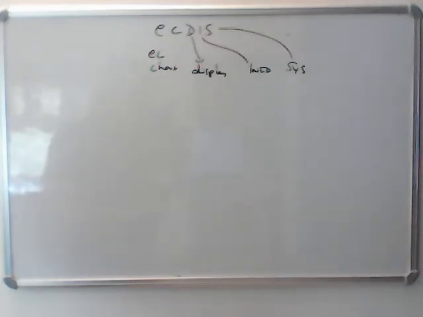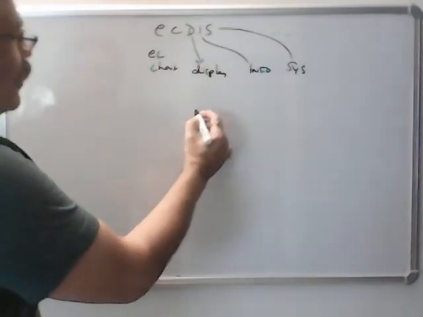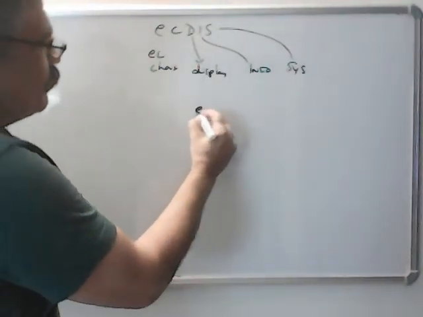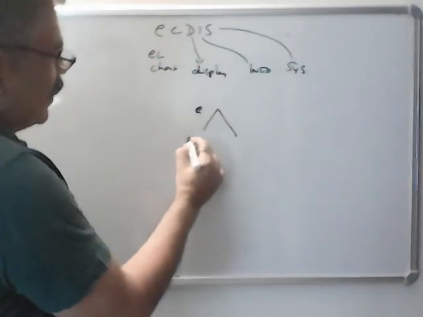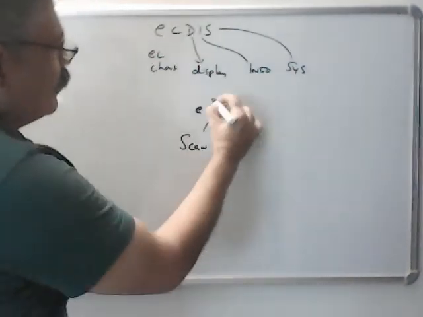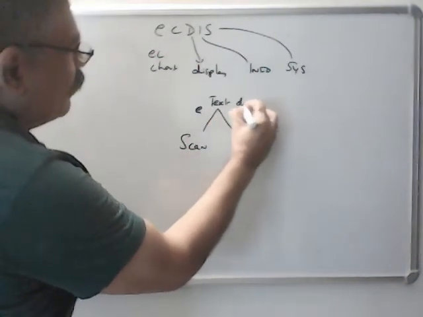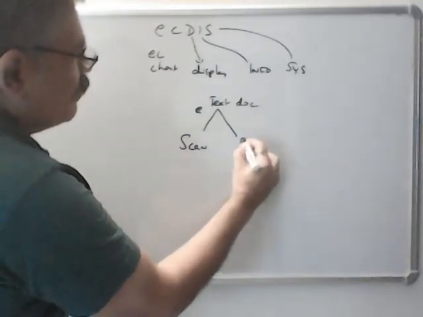Now, if I have a text document hard copy and I want to convert it into a soft copy or electronic copy, there are two methods. One is scanning, and one is retyping.